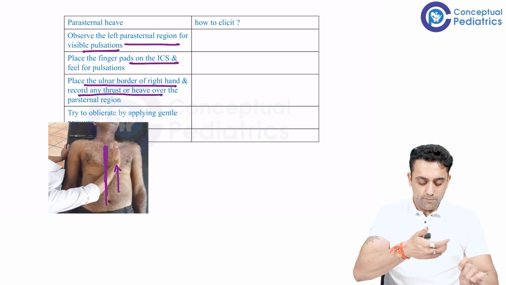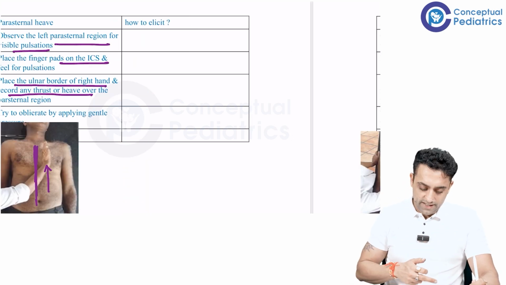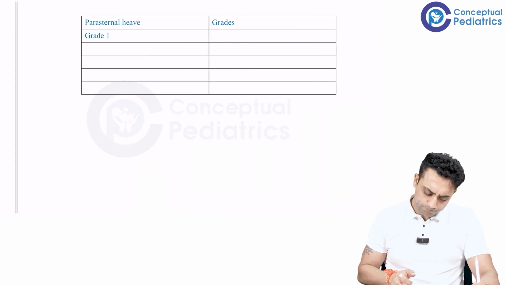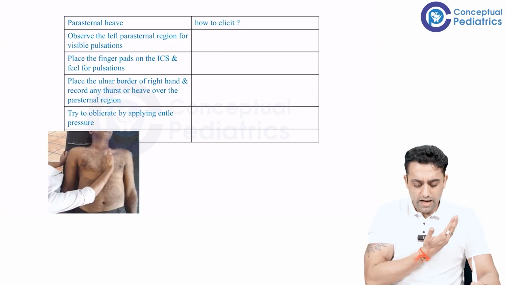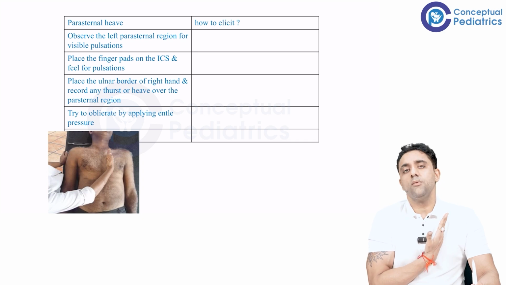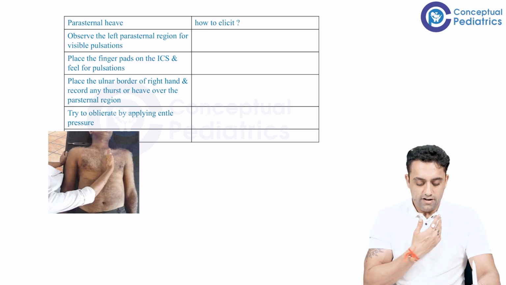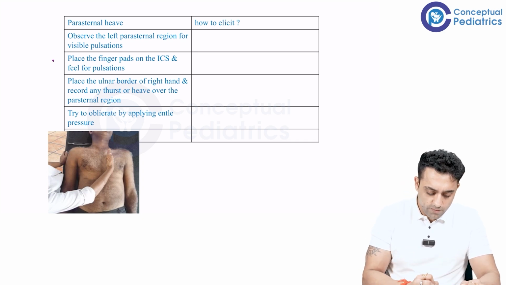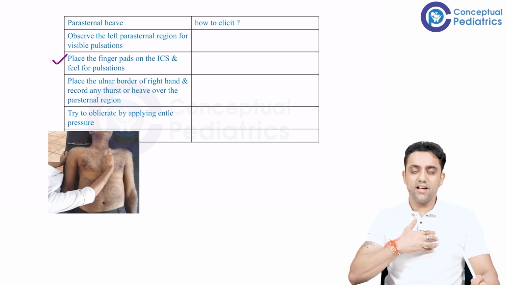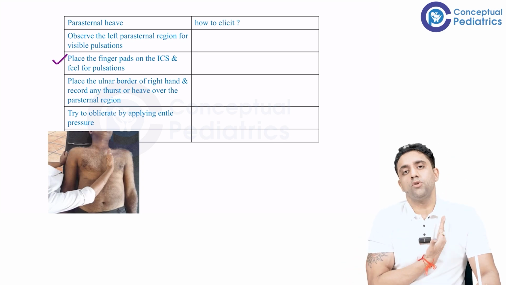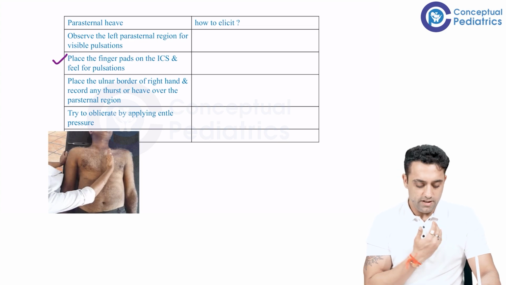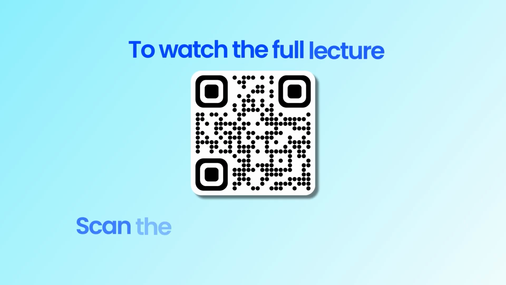That's how you do it. So first you put your finger pads like that, then you put the ulnar border. Did you understand?